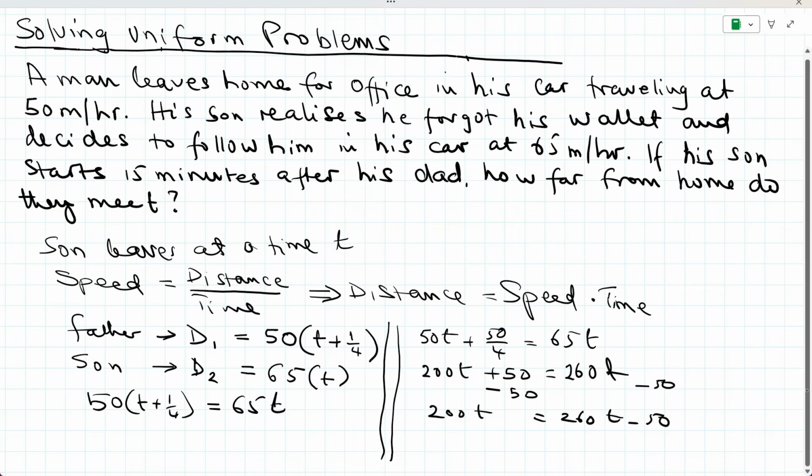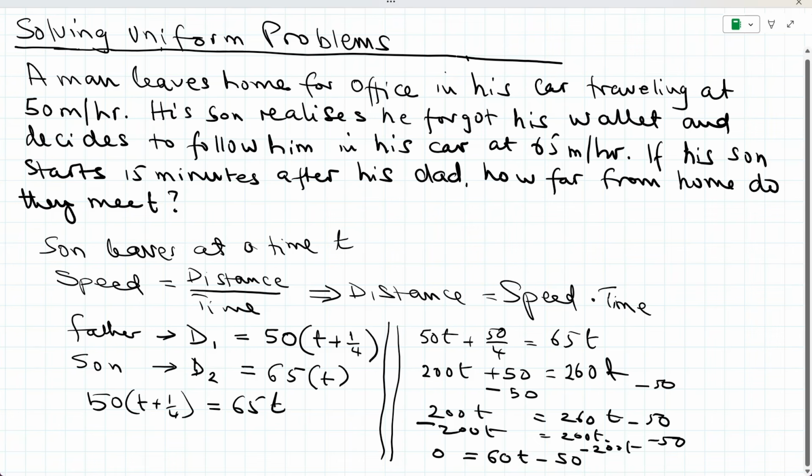We can actually now get rid of 200t from both sides. 0 here is equal to 60t minus 50.